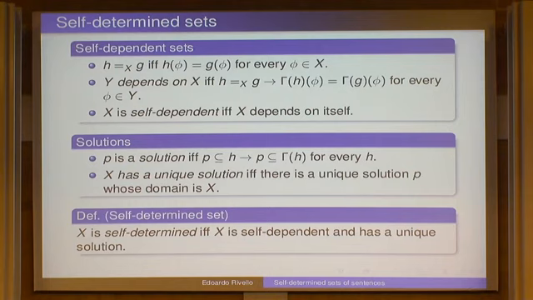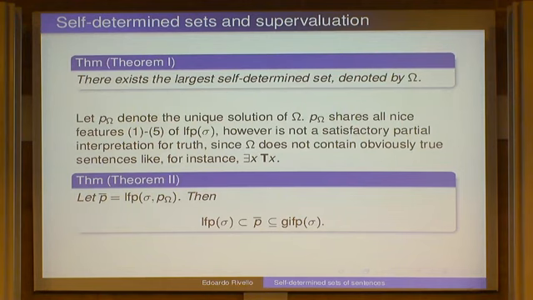This one also cannot be characterized in purely syntactical terms, since the notion of dependence is intrinsically semantic. But you mentioned in the next slide a sentence that is not in that largest set. Yes, this is just an example. This one is not in it.